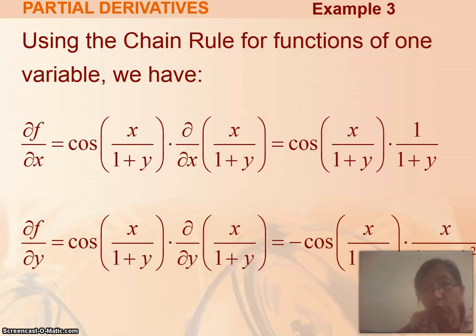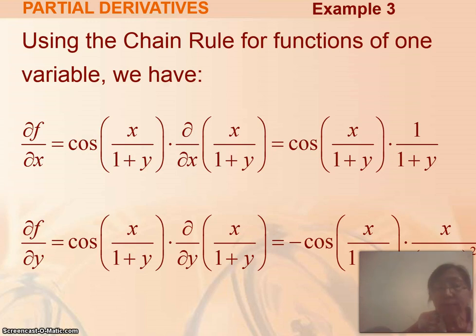Using the chain rule for functions of one variable, we have df/dx equals cosine of x over 1 plus y times d/dx of x over 1 plus y, which equals cosine of x over 1 plus y times 1 over 1 plus y.